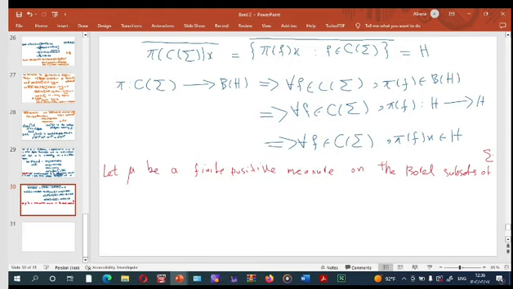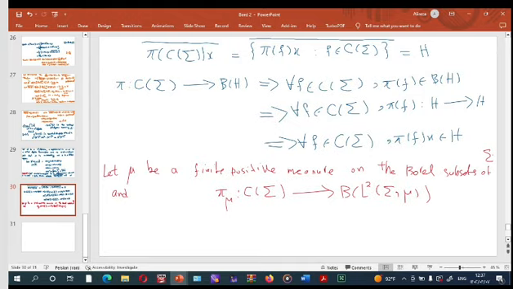Now we define P mu from C of sigma to B of L2 of sigma and mu as a Hilbert space.